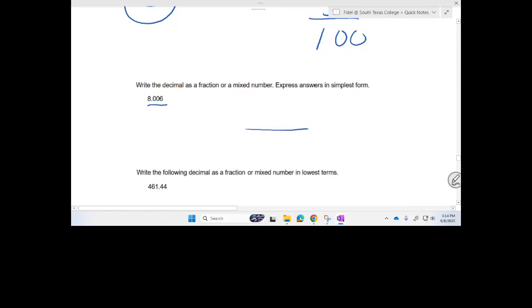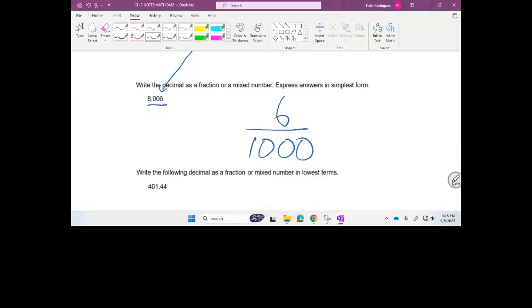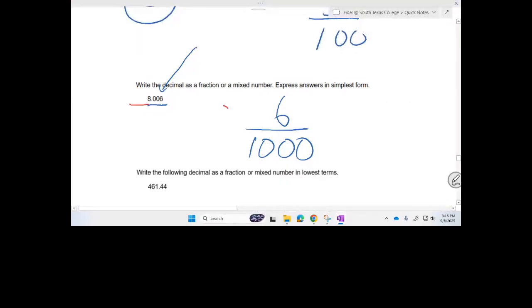Anyone know? Somebody said it. Thousandths. Okay, look, thousandths. What number do we have to the right of the decimal place? 6, right? So we're going to put a 6 right there. Now, y'all, do you see how we have a number in front of the decimal? That 8 is going to be my whole number part because it's to the left of it.